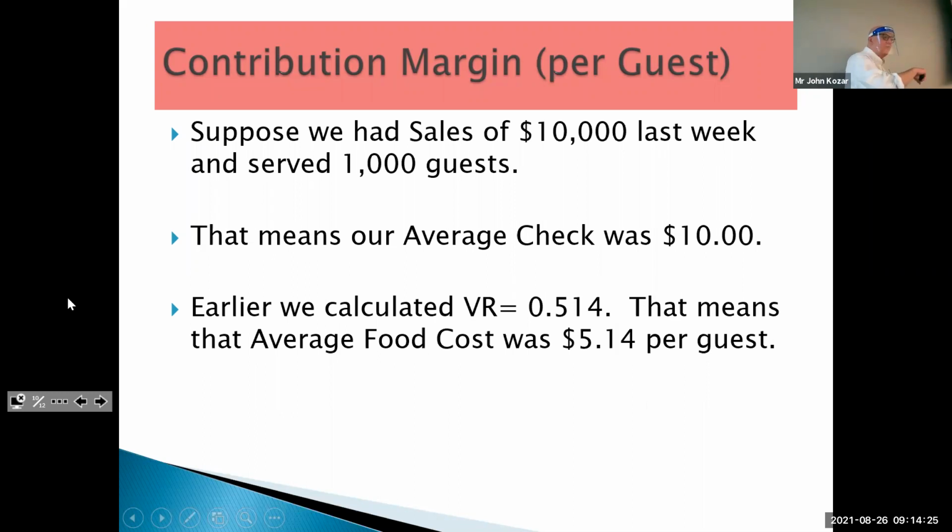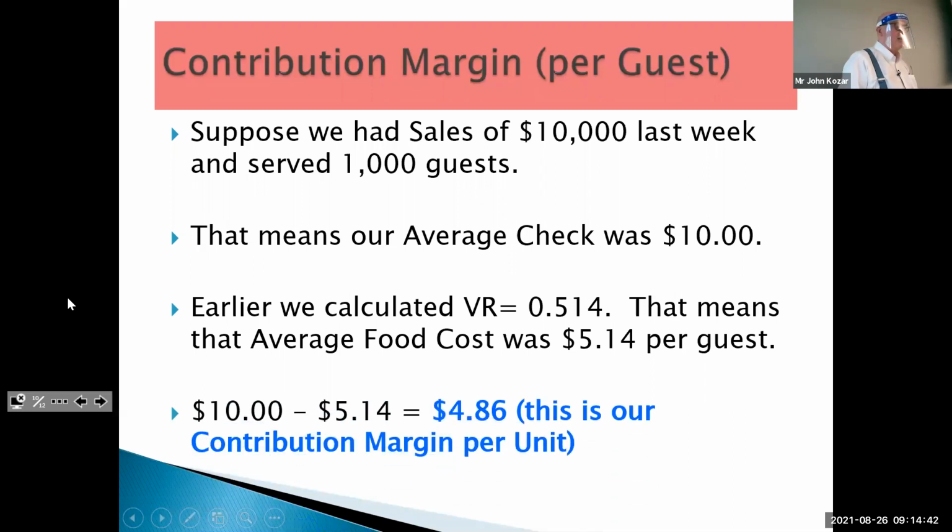On our income statement, we calculated that the variable rate was 0.514, and that means that our average food cost was $5.14 per guest. So we take the sales price, subtract the variable cost, or the average food cost, and then we have $4.86. And that is our contribution margin per guest on average.